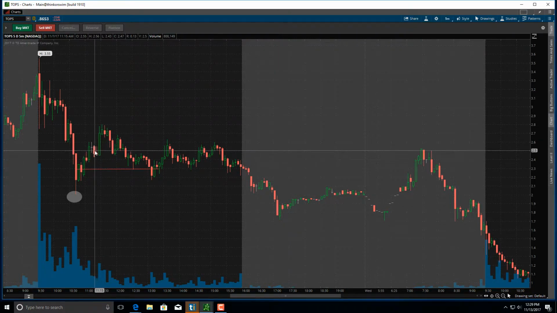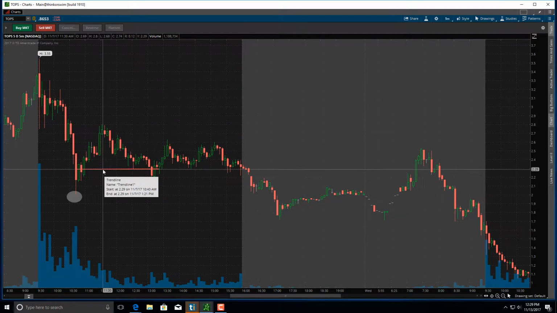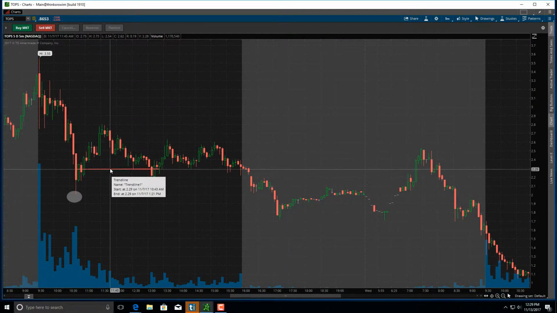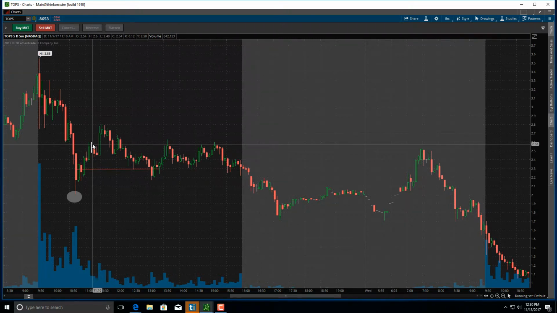The next candle, this red one, the high was 2.56. Because it's not making a new high, your trailing stop will not move. It only moves when price action moves to the upside. When it moves to the downside, your trailing stop will stay at the last high. Again, this one moved down another cent or two. The high was 2.55. Your trailing stop is not going to move.